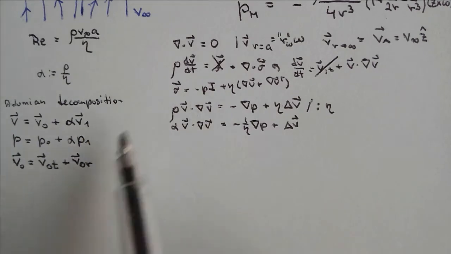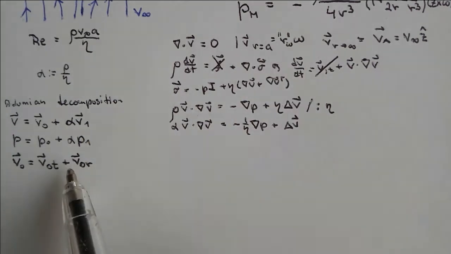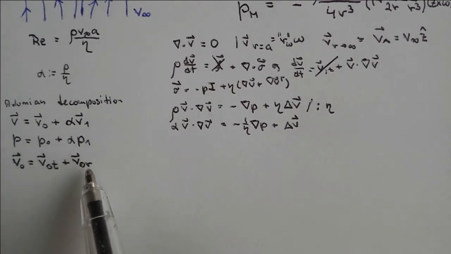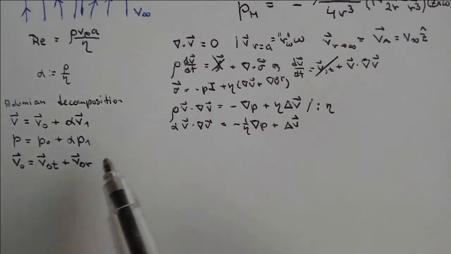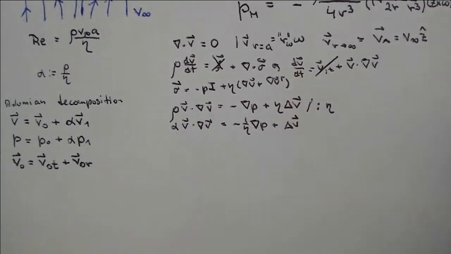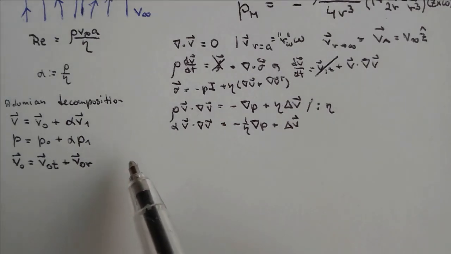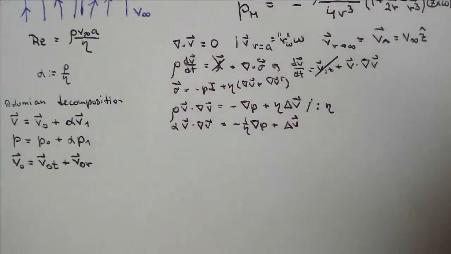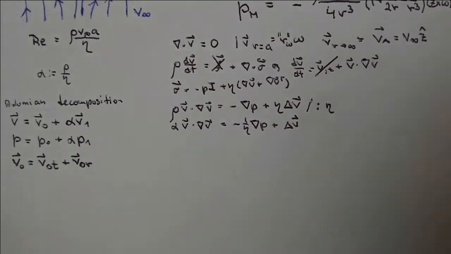At r equal to a, this holds, and for r equal to infinity, this term will vanish. You can check in the video that it's not O of 1, it's O of 1 over r. I think it's 1 over r cubed, but never mind. It basically vanishes at infinity.